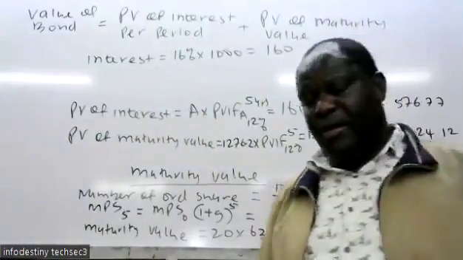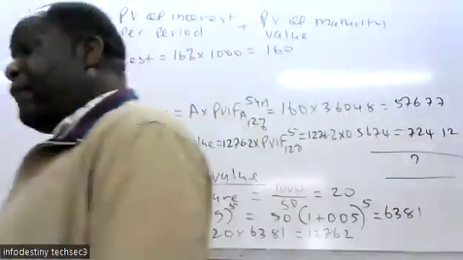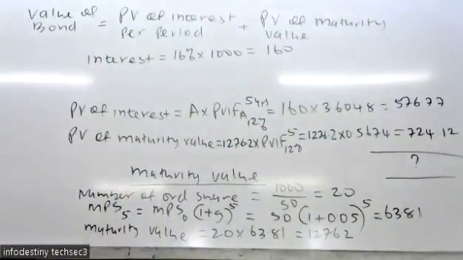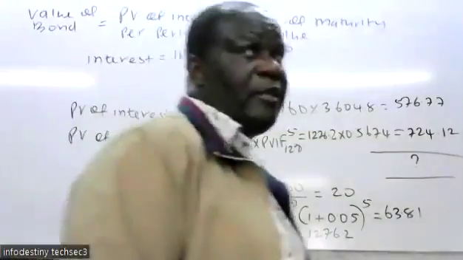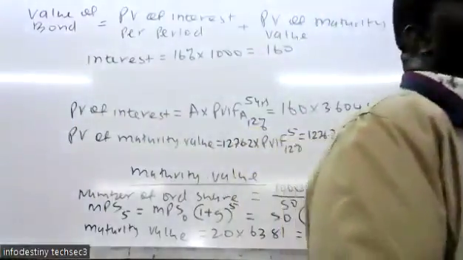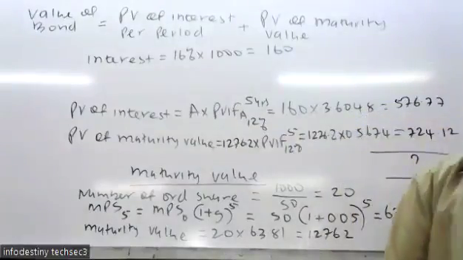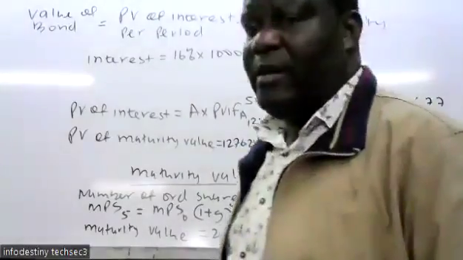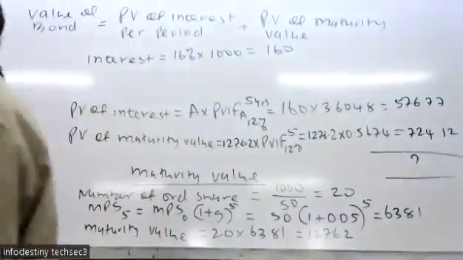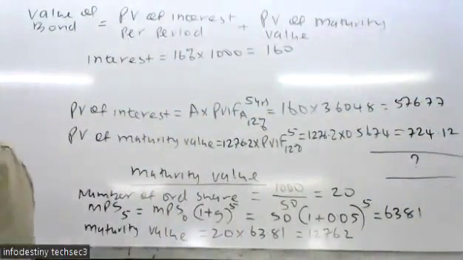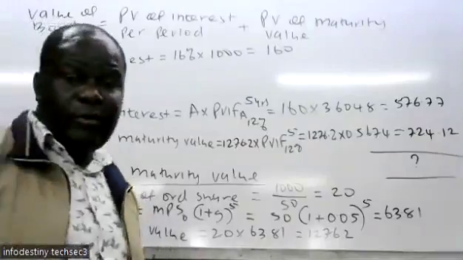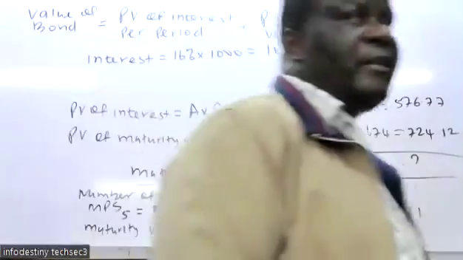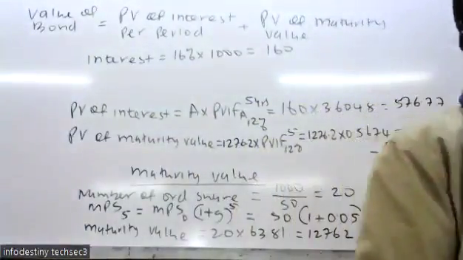So required: the current value of the bond, which is the same as the market value of the bond. Roman letter 2, the par value of the bond, which we discussed today is the same as the floor value of the bond.